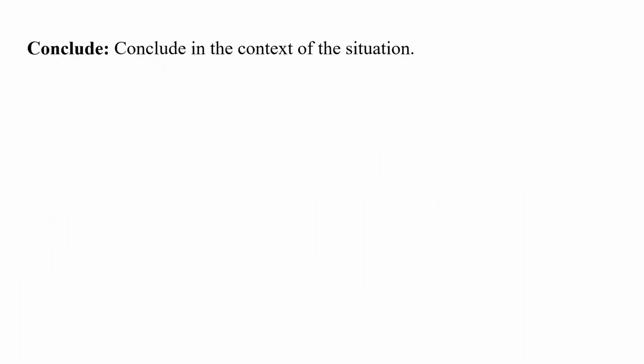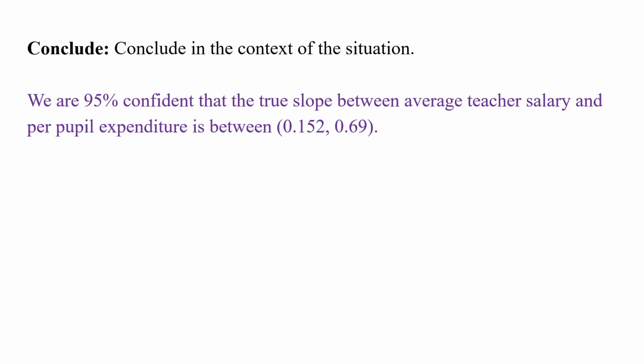So I calculated it. And then now I want to conclude in the context of the situation. So first I want to interpret it, right? We are 95% confident that the true slope between average teacher salary and per pupil expenditure is between 0.152 and 0.69. Okay? So again, that is the true slope estimate.